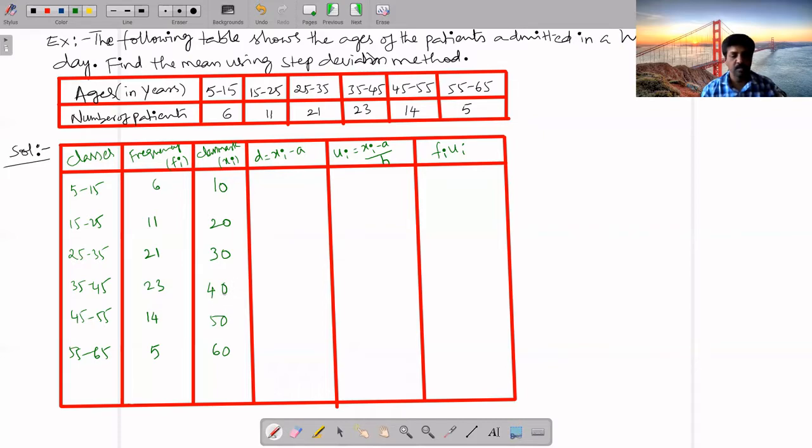So like in the previous one, I am taking 40 as a. Now xi minus a. In the first class, x1 is 10, a is 40, so 10 minus 40 equals minus 30.